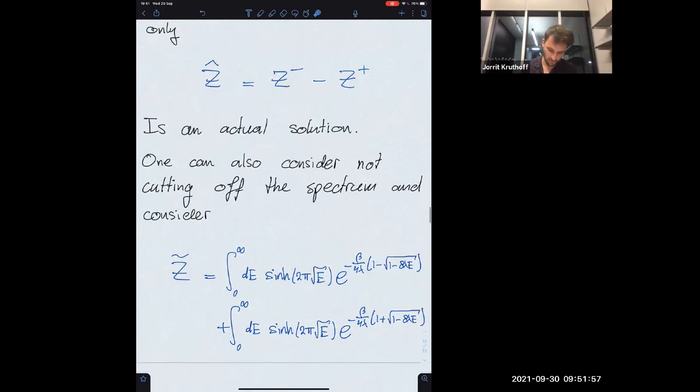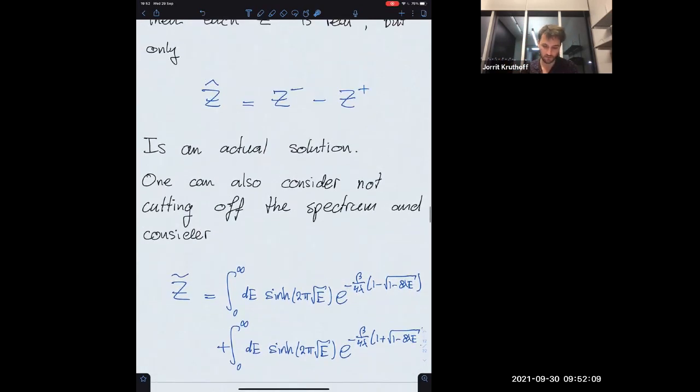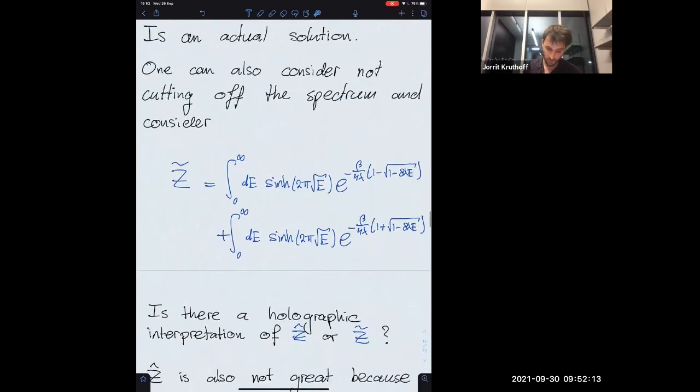And the question here is, is there a holographic interpretation of either of these two proposals? So is there a holographic interpretation of Z hat of this guy with the minus sign, or is there perhaps a holographic interpretation of this Z tilde? To me, it's not clear.